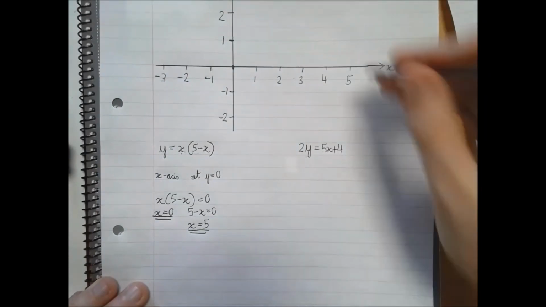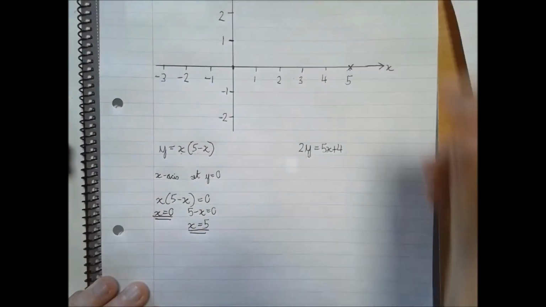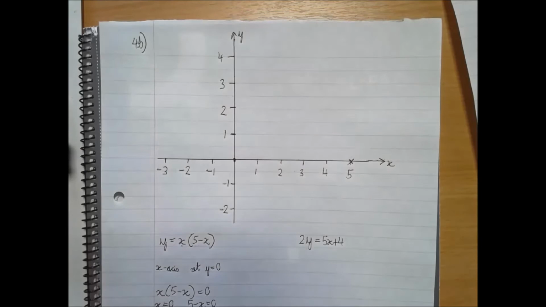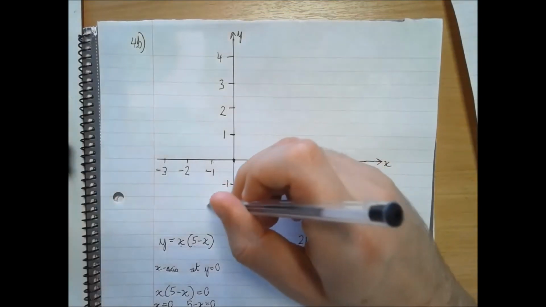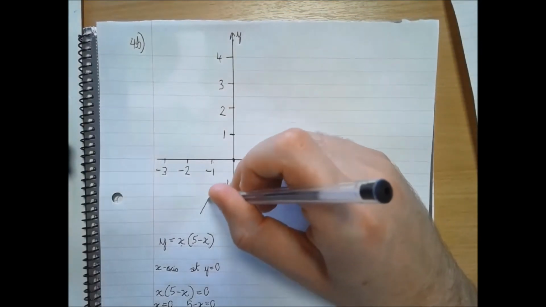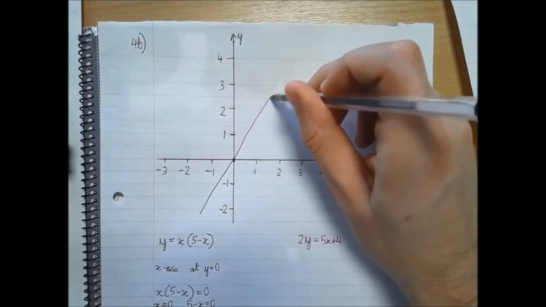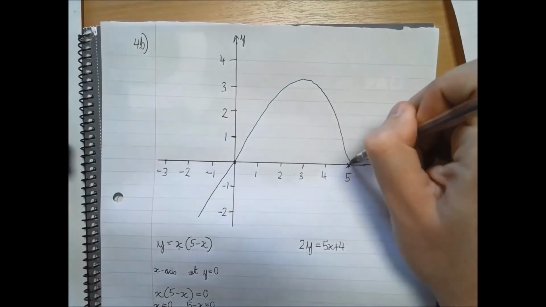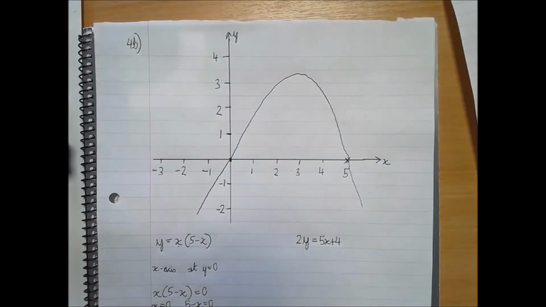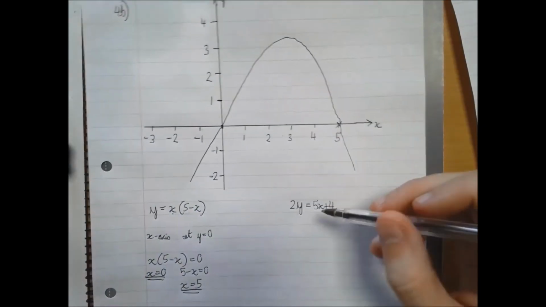So again you'll have an intersection there. Because it's a sketch, I'll just draw this, and we should have something along the lines of that there.